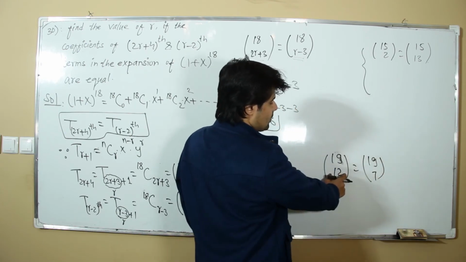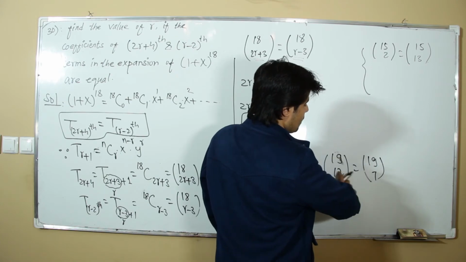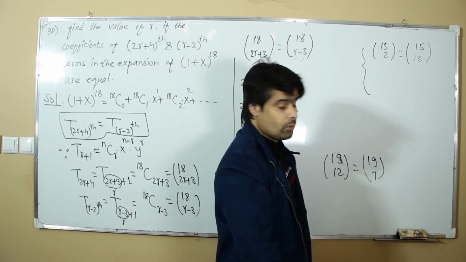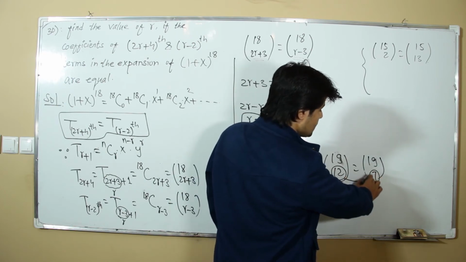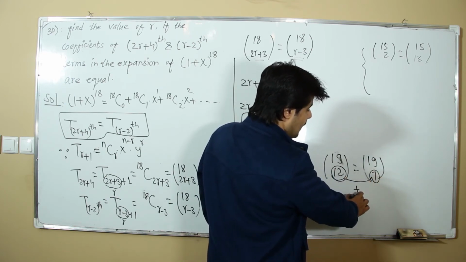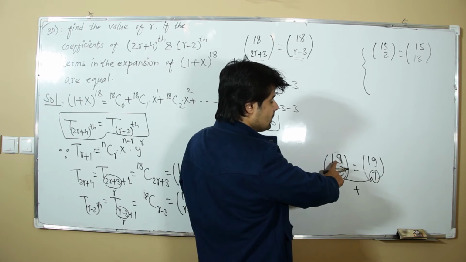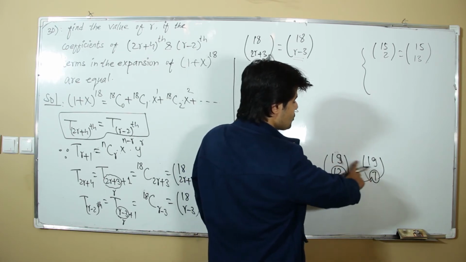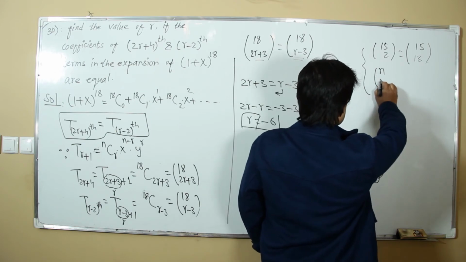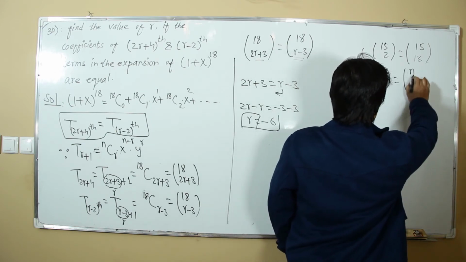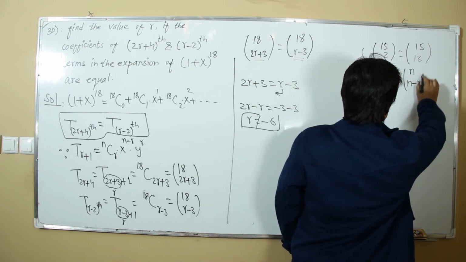If you solve this one and if you solve this one, they are equal. So we can say if this r term with this r term are added and they are equal to the n, so the combination for both are same. I mean nCr is equal to nC(n minus r).